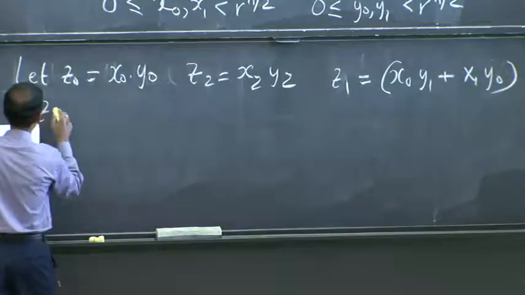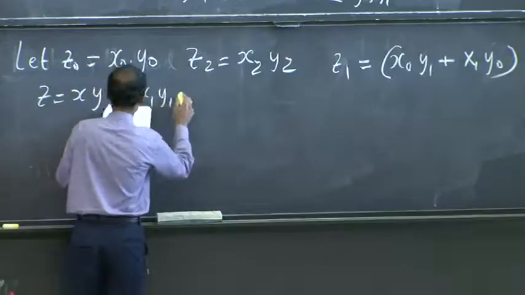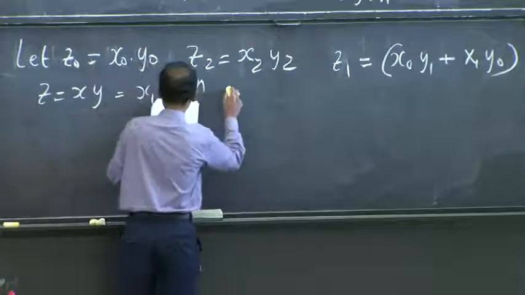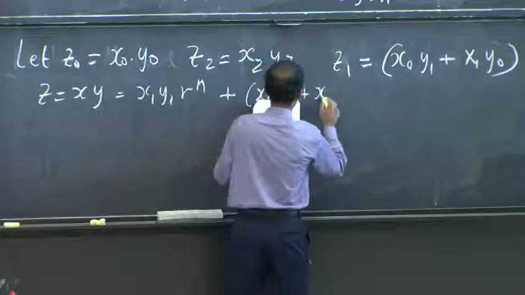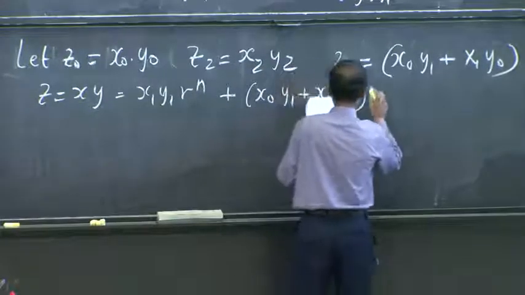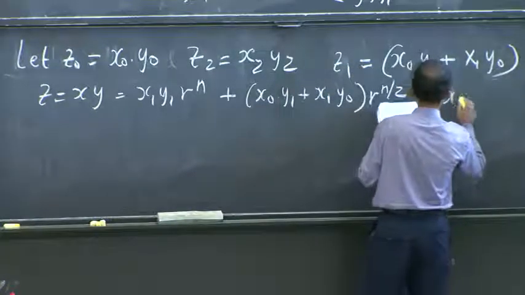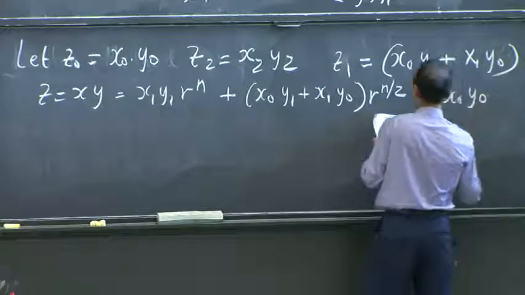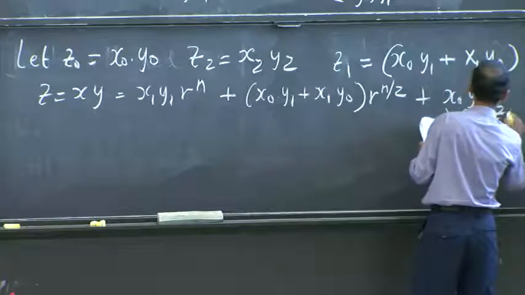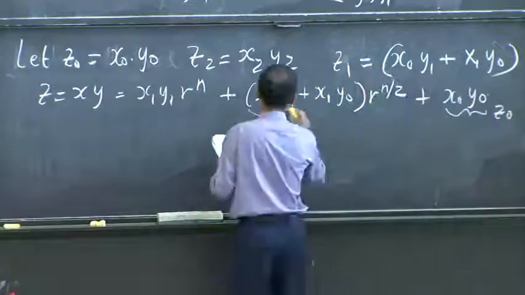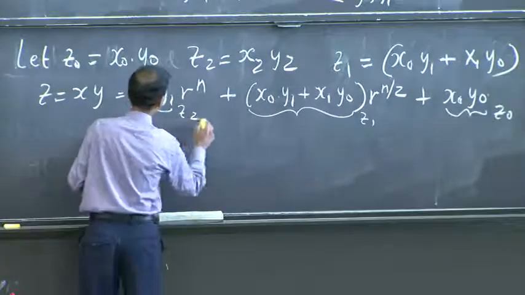And I have overall z equals xy equals x1 y1 times r raised to n plus x0 y1 plus x1 y0 times r raised to n over 2 plus x0 y0. This part here was z2, this part here was z1, and this part here was z0.